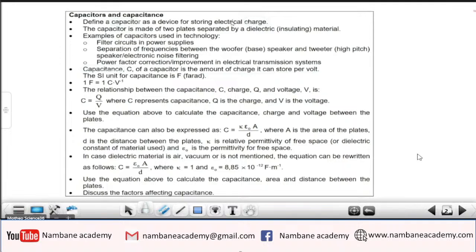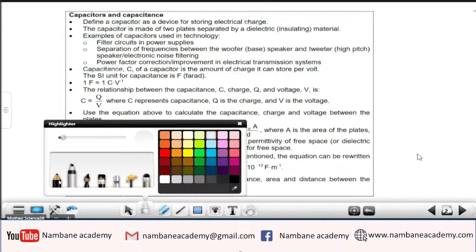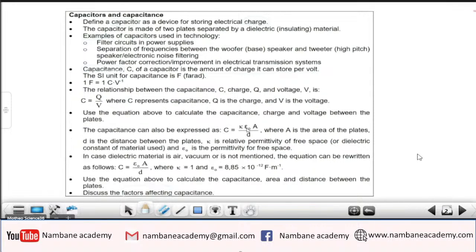The second thing that we need to know in this topic is the uses, so these are examples of capacitors in technology, as well as the factors that are affecting capacitance. So these are the different topics that we are going to deal with. Let us get started.